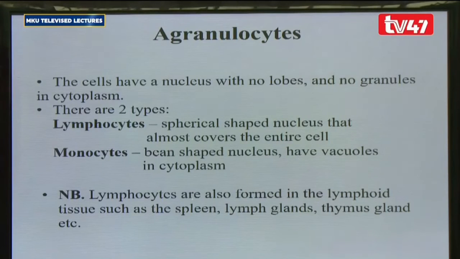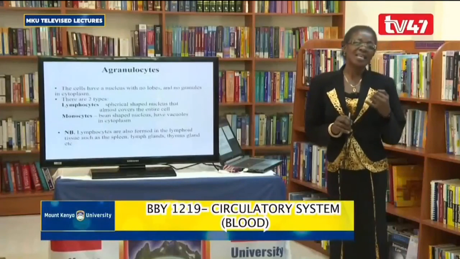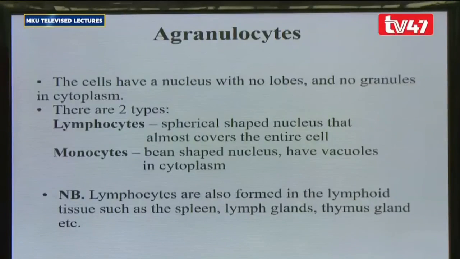Start off with the agranulocytes, the white blood cells that don't have granules in the cytoplasm. They have a nucleus that doesn't have any lobes, and they don't have granules in the cytoplasm. We have two types of agranulocytes: the lymphocytes and the monocytes. To differentiate the two, the lymphocytes tend to be smaller in size.